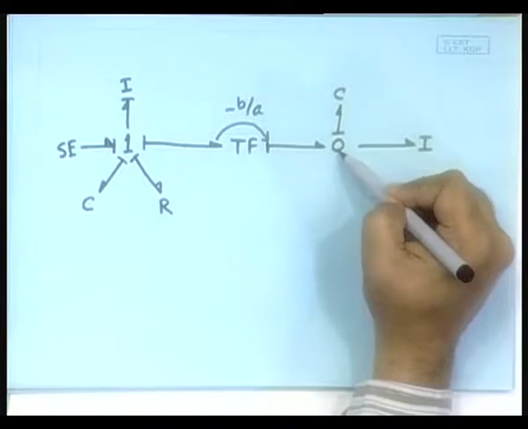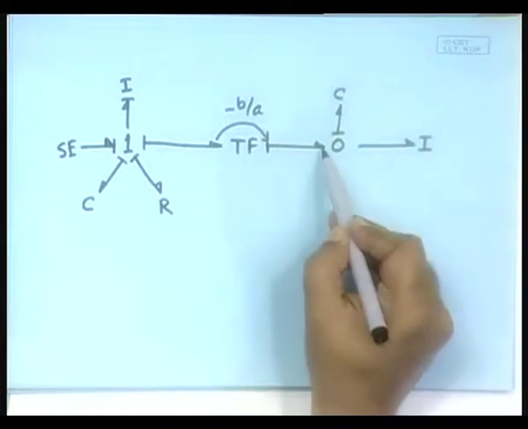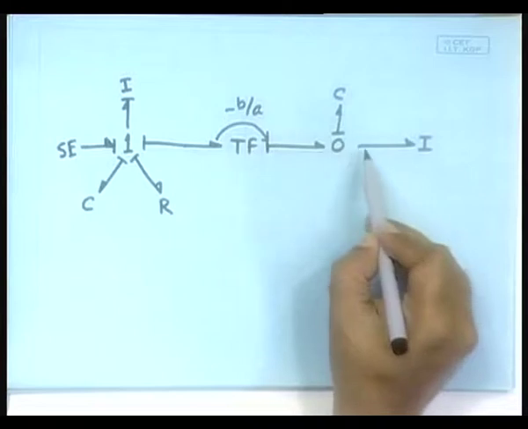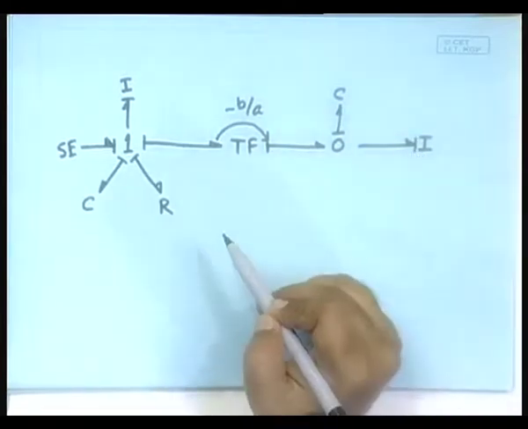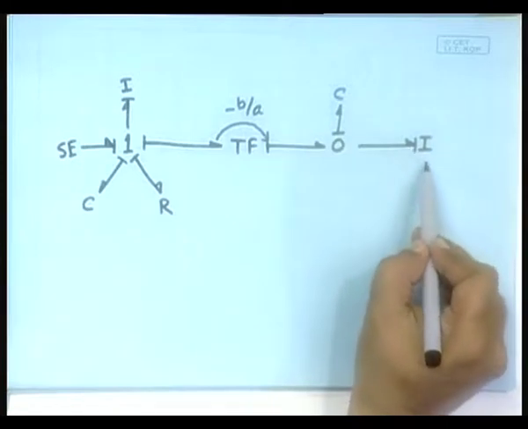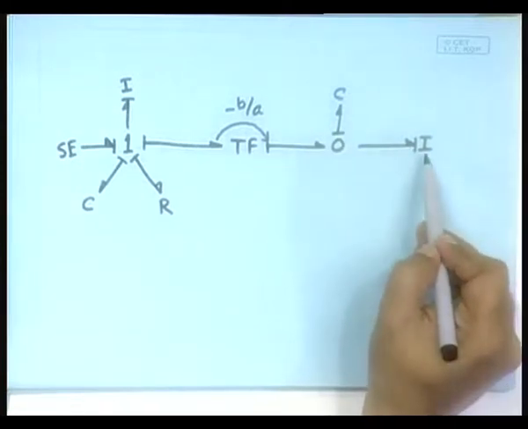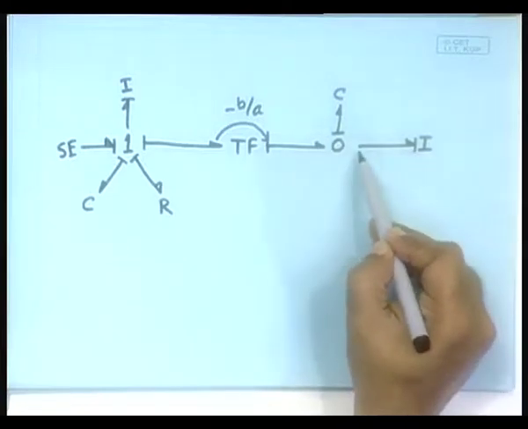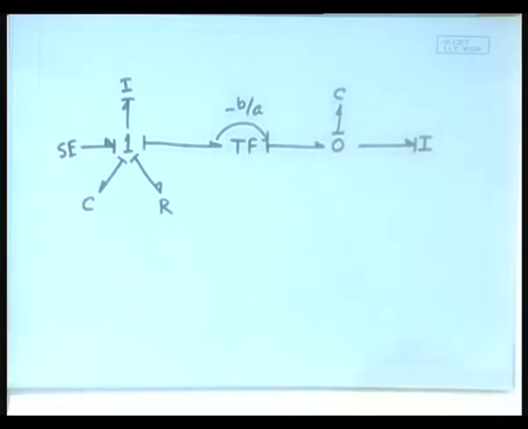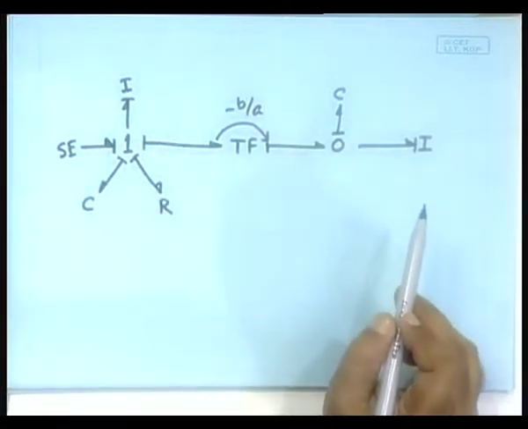Therefore, it should now distribute the effort information, which it is already doing in this bond, but this should also be distributing the effort information, which is like this. You can see that I also gets properly causal. I should normally receive the effort information and give out the flow information, which is correct here. Clear? So, that is how we assign the causalities.